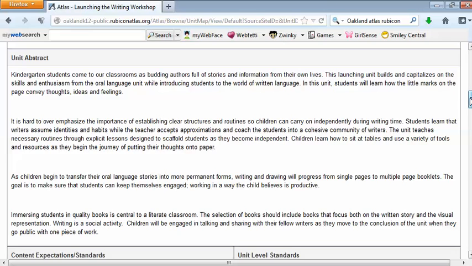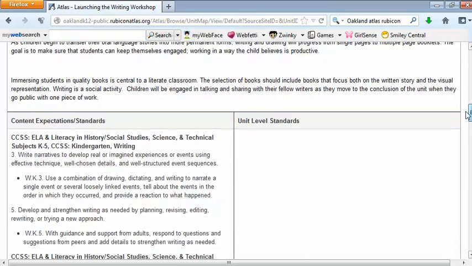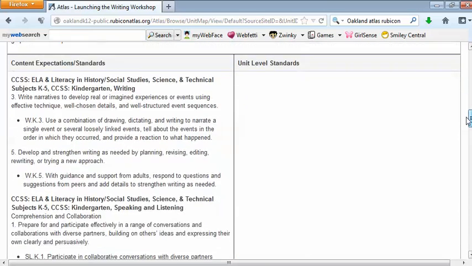So these units were created using the best of our knowledge as far as curricular design. So we name the standards right out front, and these unit writers created these in collaboration with practicing classroom teachers and were classroom teachers themselves.